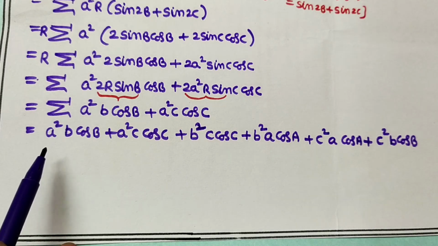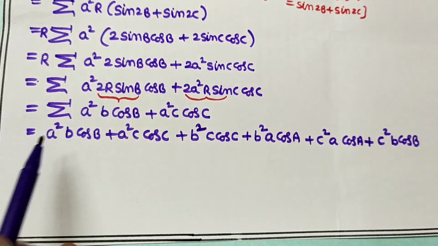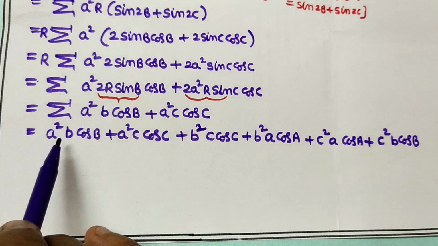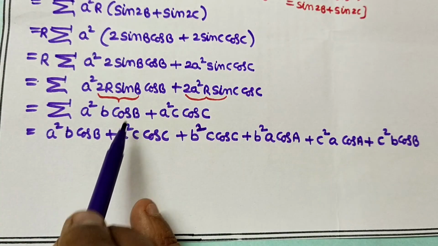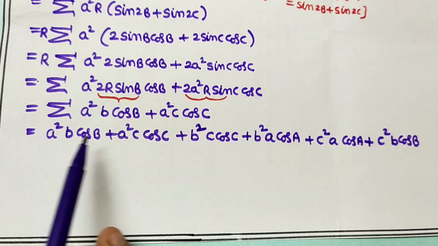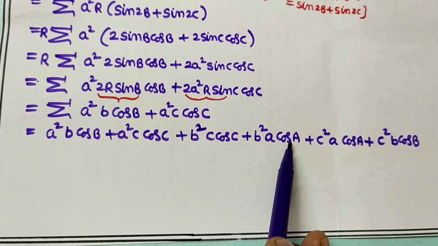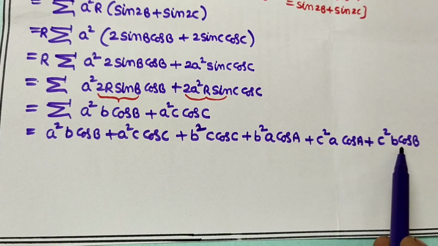Once again I will repeat: a square b cos b plus a square c cos c. Here a square is common, and b and c terms will be there. Here also if you take b square common, c and a terms; c square is there means a and b terms.